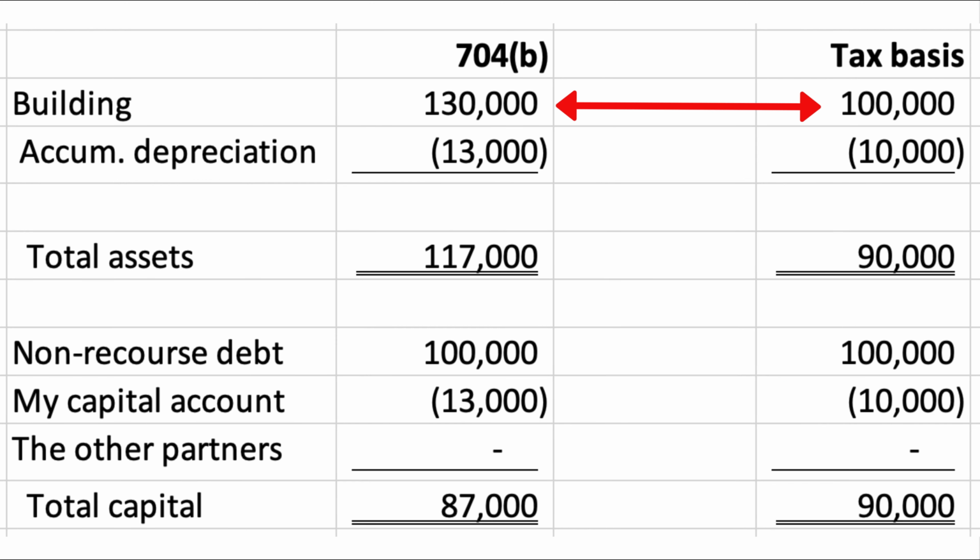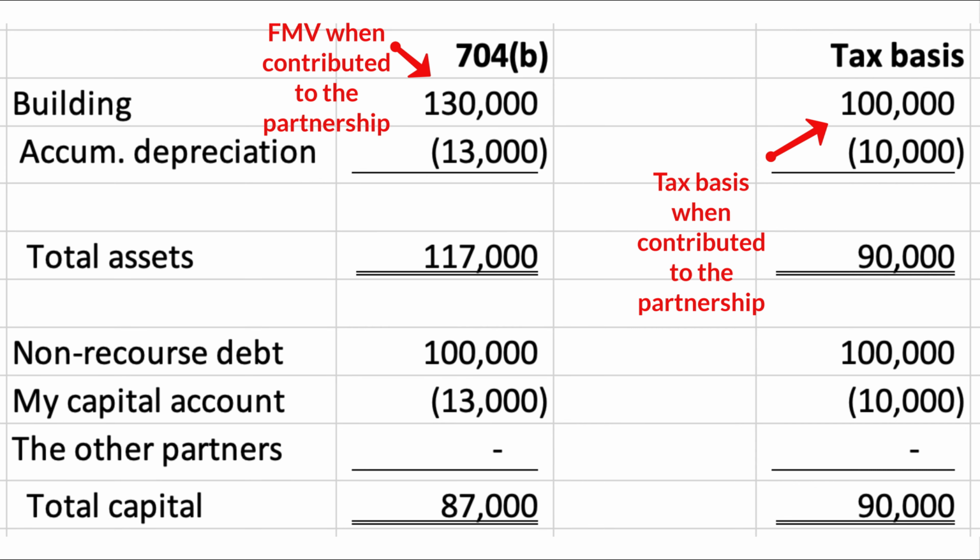But what if the economic basis, in other words, the fair market value, is different from the tax basis? That could happen if a partner contributed the building to the partnership when the fair market value is different from the tax basis. In that case, the gain would be different if the building is sold, and the annual depreciation expense would also be different.